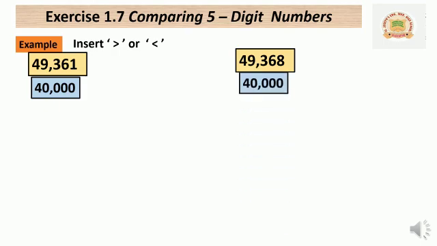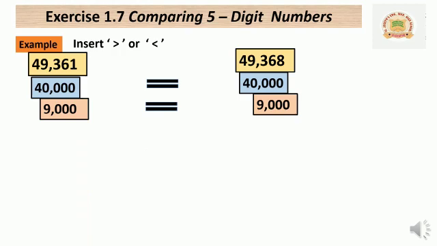This means 40,000 is equal to 40,000. Now we have to compare the thousands place, 9,000 is equal to 9,000. Now we move to the hundreds place. In the hundreds place we are having 3, that is 300. Here also we are having 3, that is equal to 300.